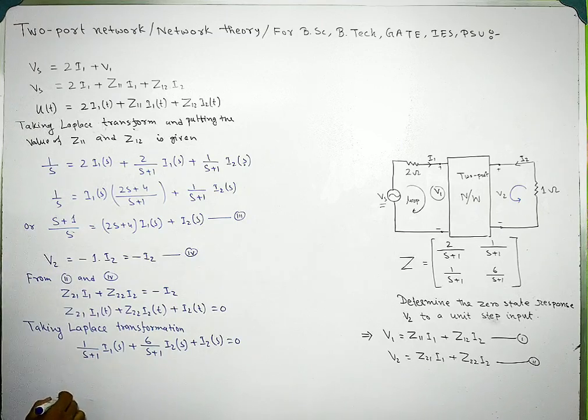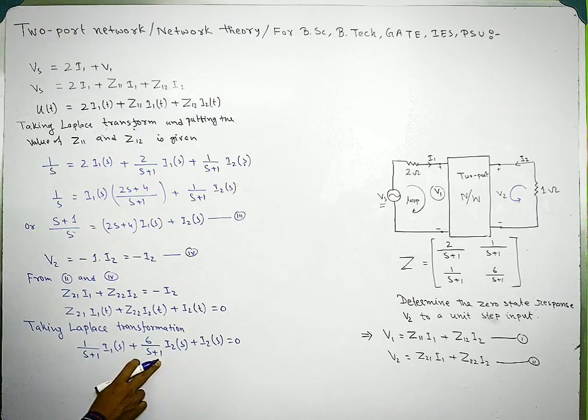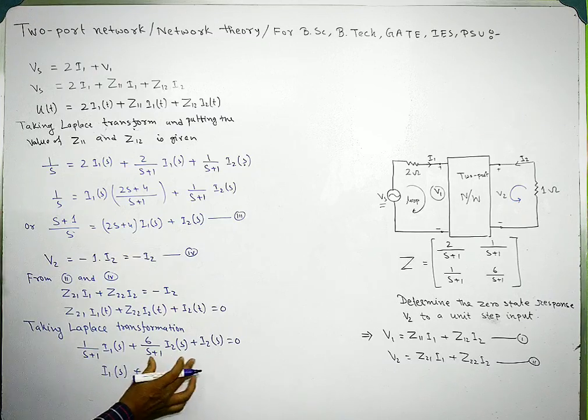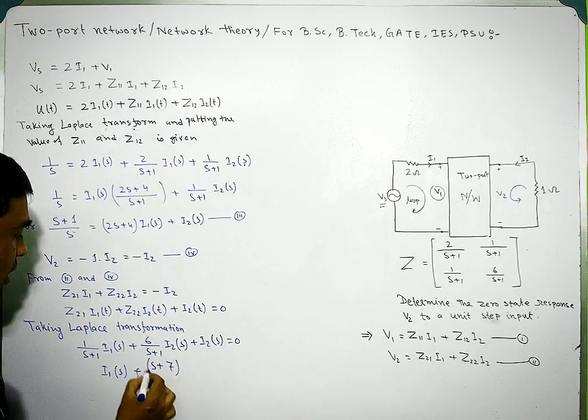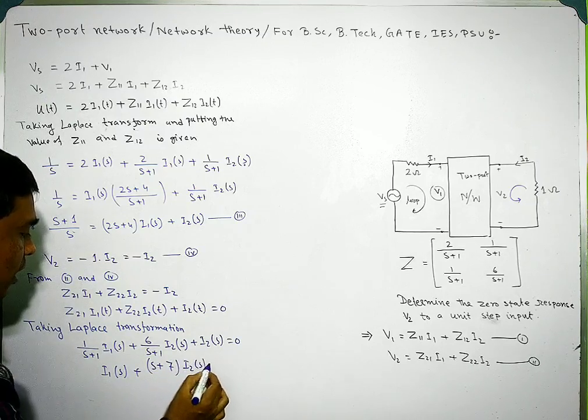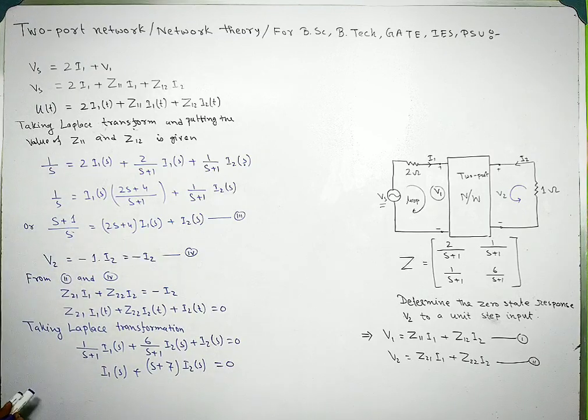Now multiplying through by s plus 1 and taking I2 common, it will be I1(s) plus (s plus 7) into I2(s) equals 0.